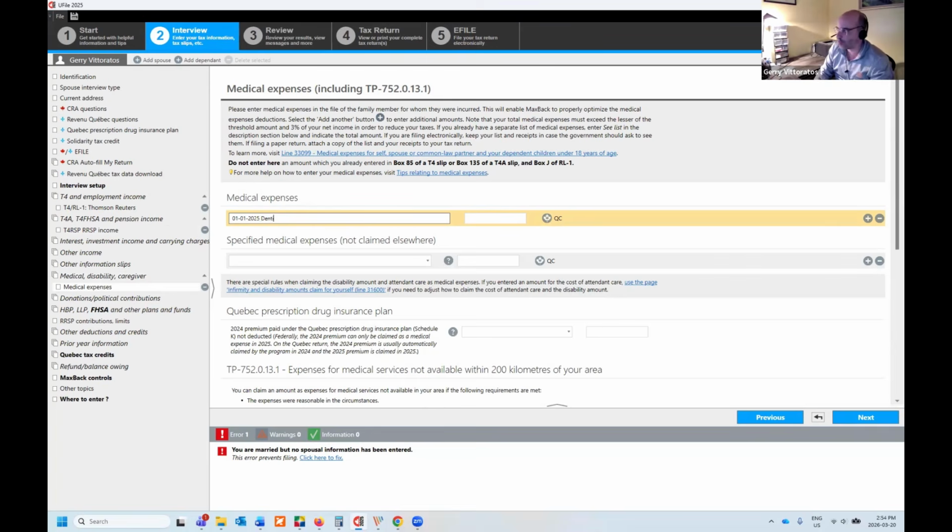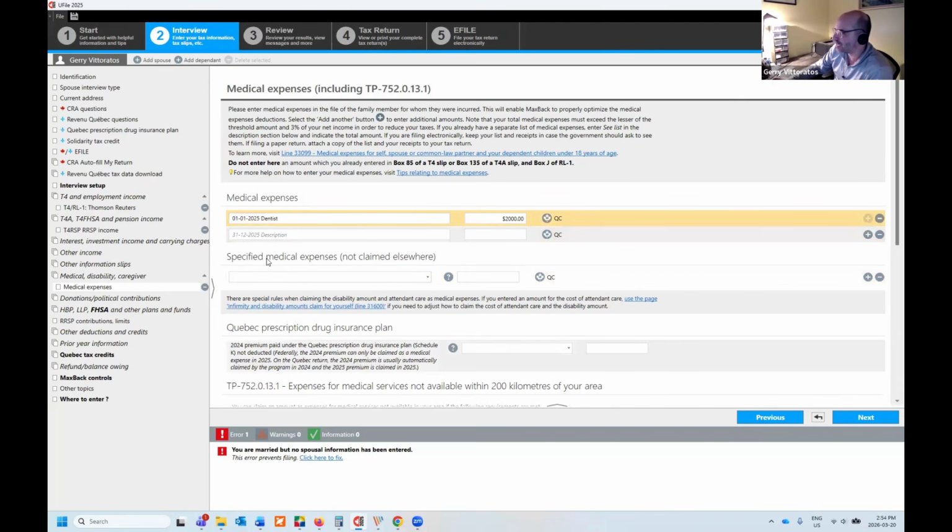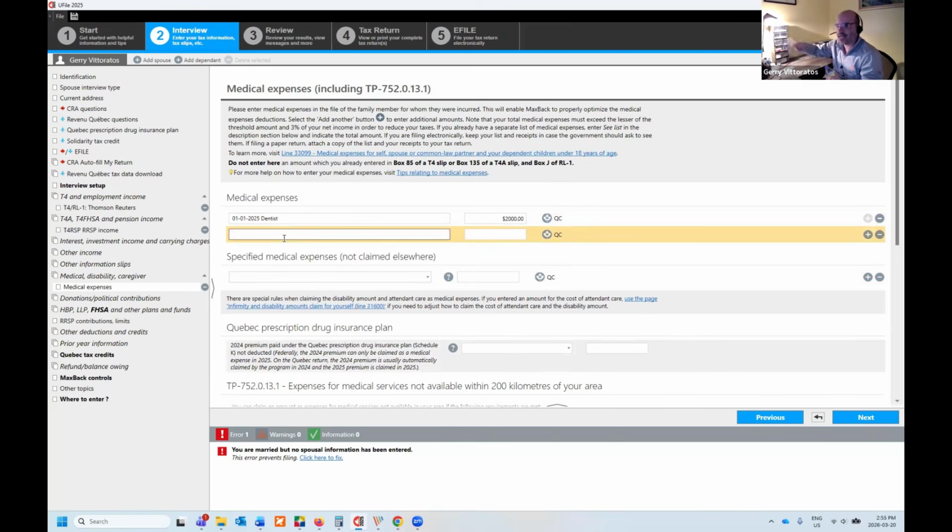I enter where the expense was done, and then I enter the amount. Now, if I need another entry, there's a plus sign right here on the right. Just click on it, and an additional entry will be added, and I can start entering the other entries.